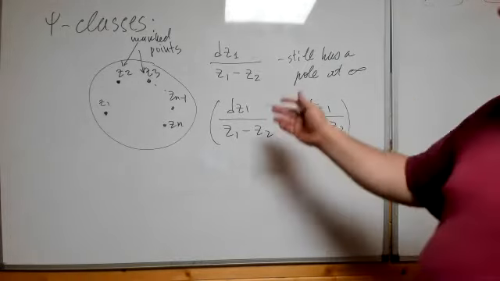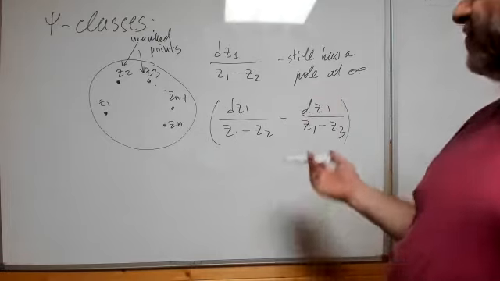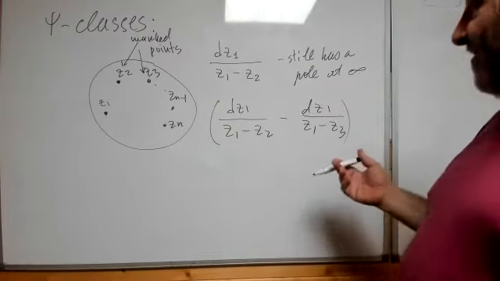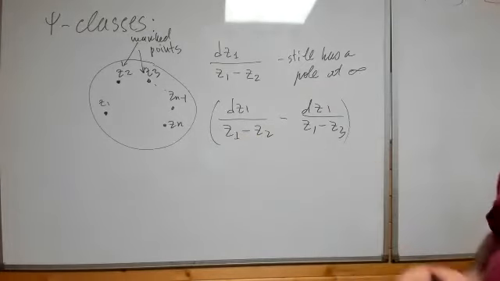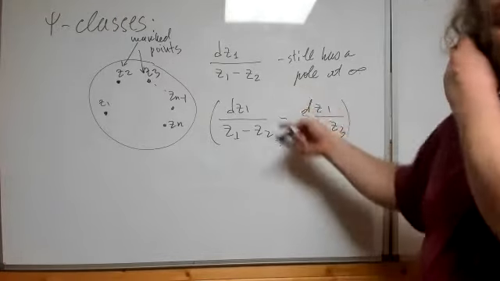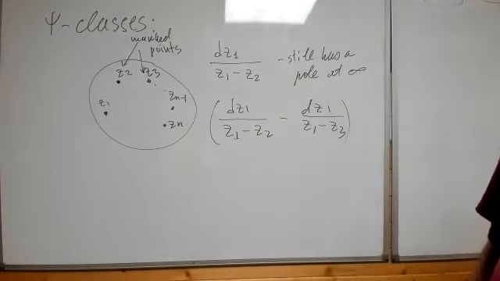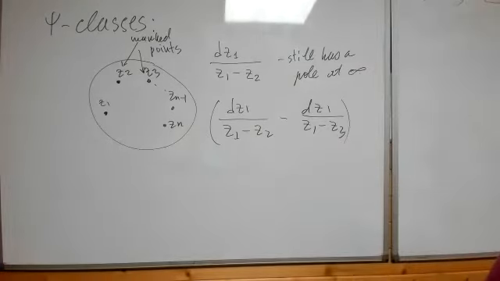Now, let us study zeros and poles of this differential as a function of Z1, Z2, and Z3. So it is a section of the cotangent bundle. And I'm looking for its zeros and poles.